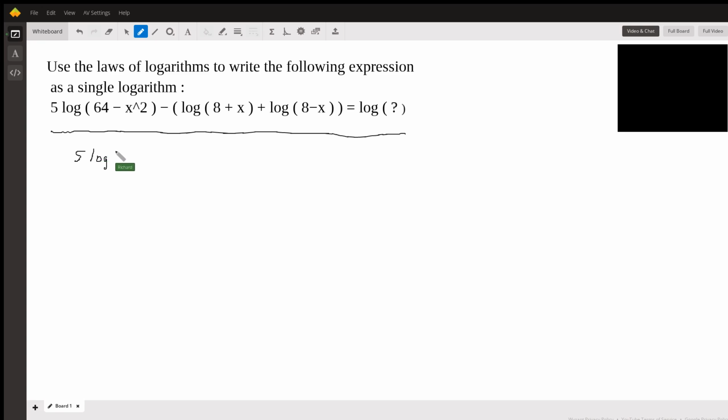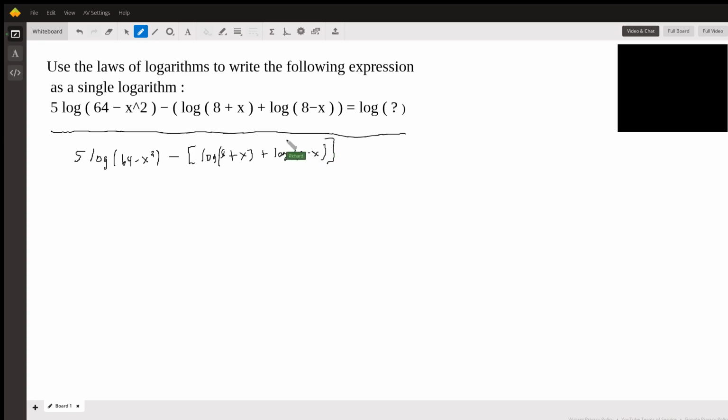So 64 minus x squared, and then minus, and we have a big bracket here, log 8 plus x plus the log of 8 minus x.